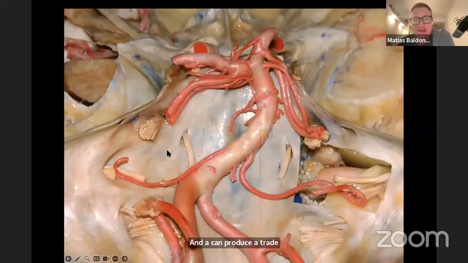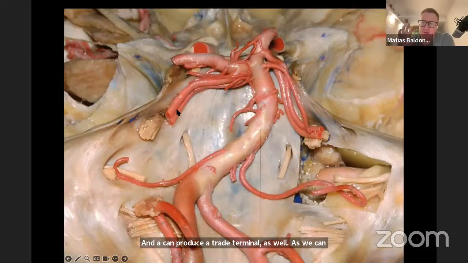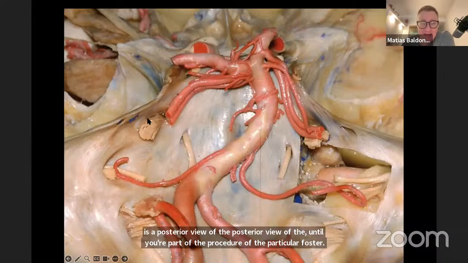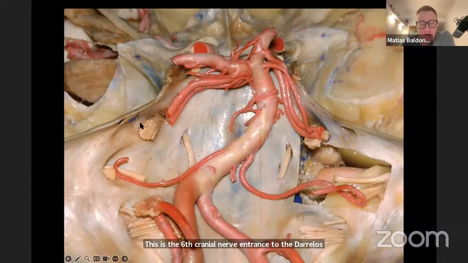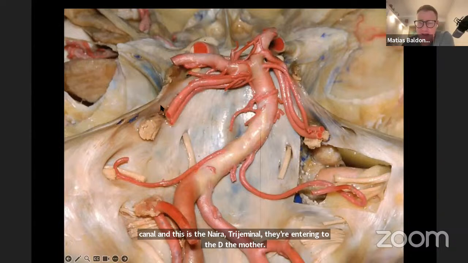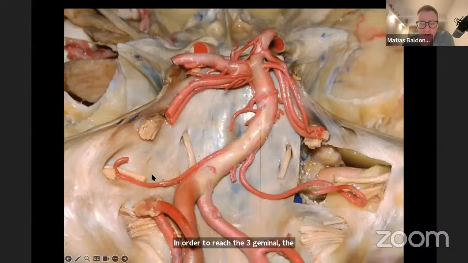As we can observe in this posterior view of the anterior part of the posterior fossa, this is the sixth cranial nerve entering Dorello's canal, and this is the trigeminal nerve entering the dura mater in order to reach the Gasserian ganglion.